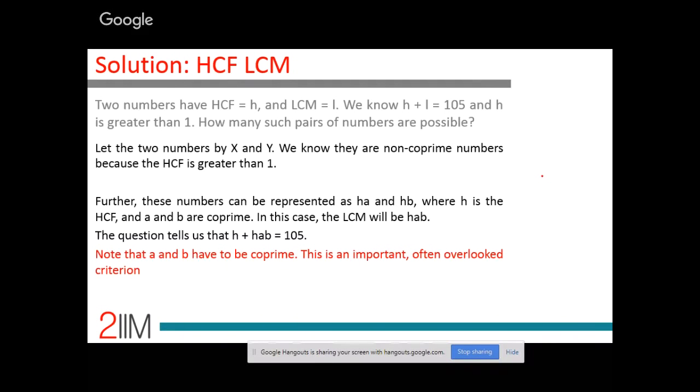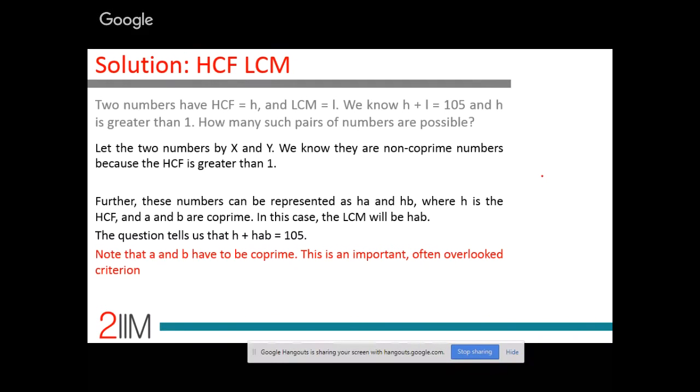But you cannot have a possibility where HCF is 70 and LCM is 35. That's ruled out. So HCF 35, LCM 70 might still be possible. Then what are the two numbers that could still be a possibility? So try out all those possibilities.